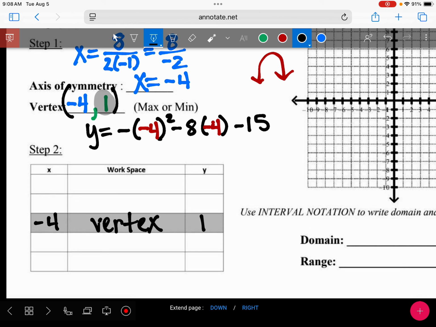And now we need to go left and right of -4. So if I count up and then I count back, you're going to do that exact same thing again, but you're going to use these numbers. So you have a -x² -8x, and I'm just going to rewrite the function over and over again.